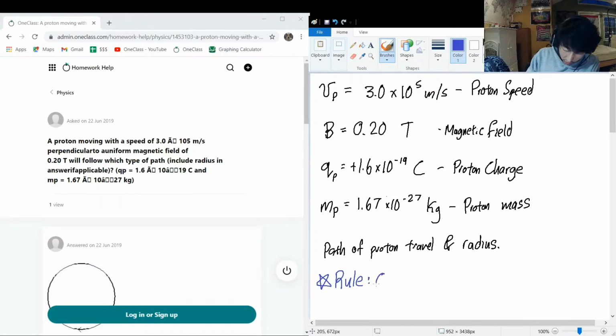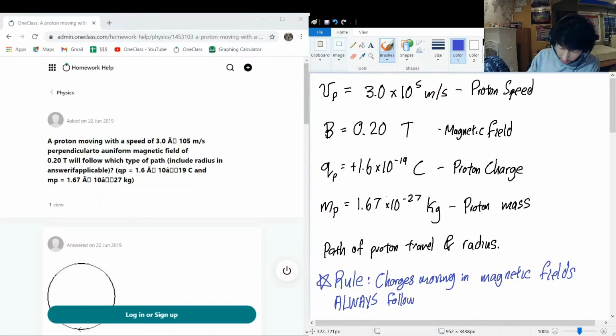Charges in magnetic fields always follow circular paths. Okay, now let's think about it for a minute, why is this even the case?